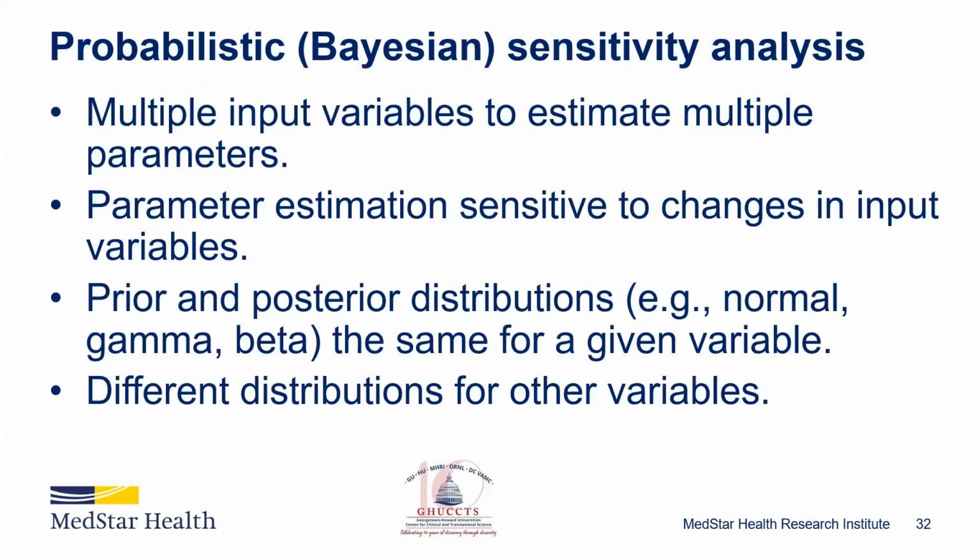And we do this because estimation of a parameter is sensitive, or may be sensitive, to changes in the input variables. Also, in the example I'm going to use, our prior and posterior distributions, whatever they might be, are the same for a given variable, but we might have different distributions for other variables, okay?